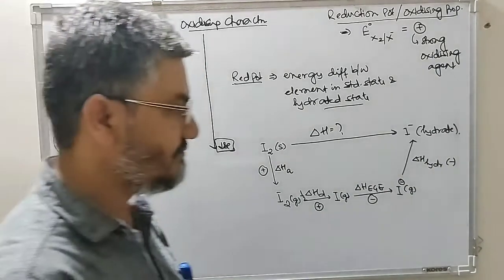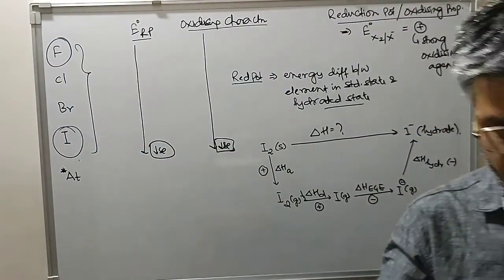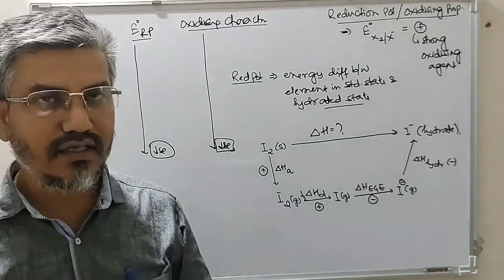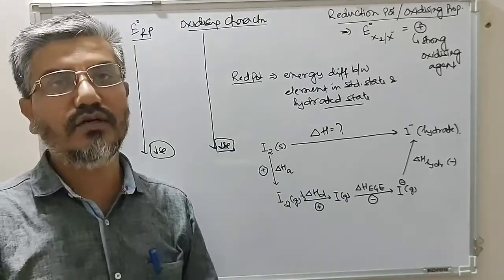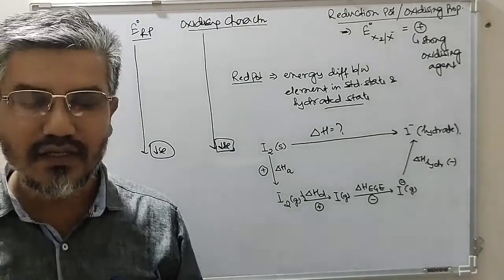That means, in one way we can say, a halogen of lower atomic number will always oxidize the halide ion of higher atomic number.